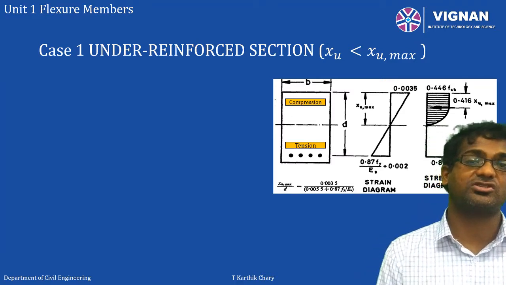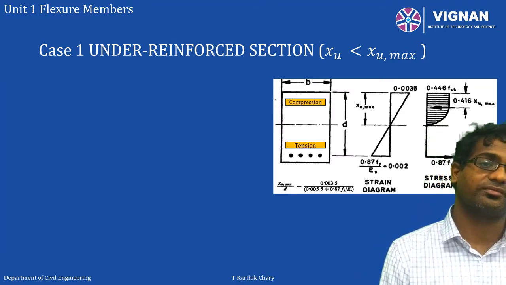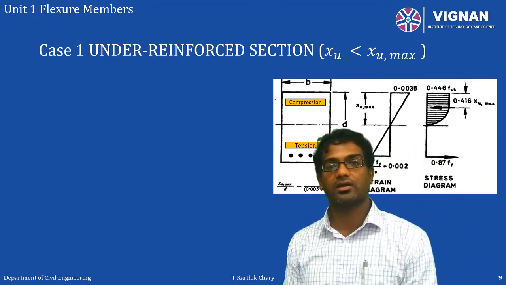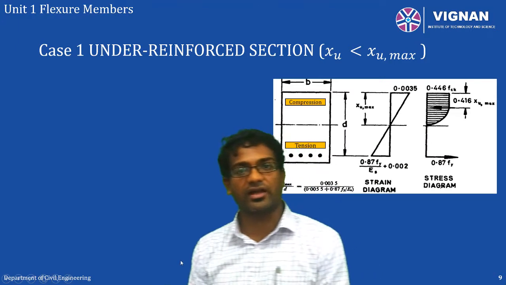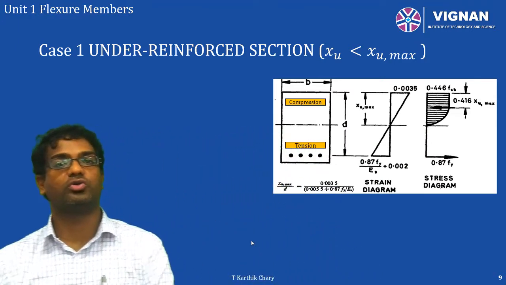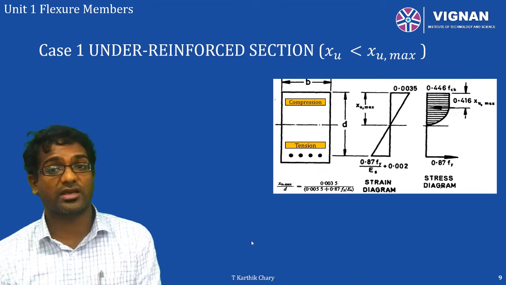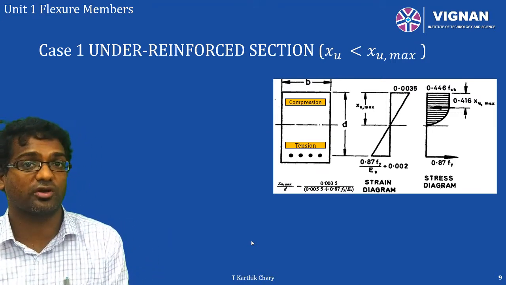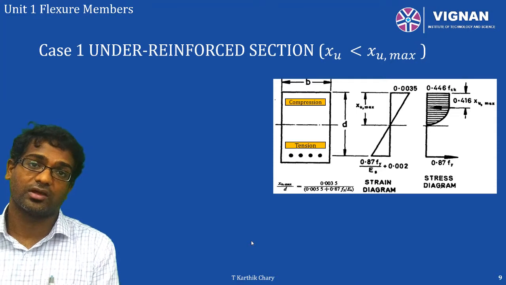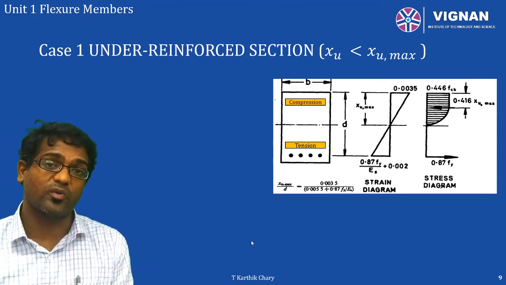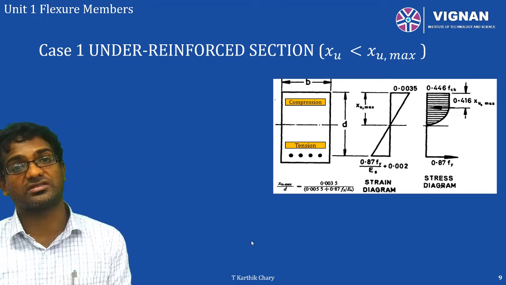This kind of section is called an under reinforced section. In the given diagram, I have shown you the XU max value. What is this XU max value? It is the limiting depth of the concrete beam. Now, the calculated neutral axis is always within the limits of this XU max.